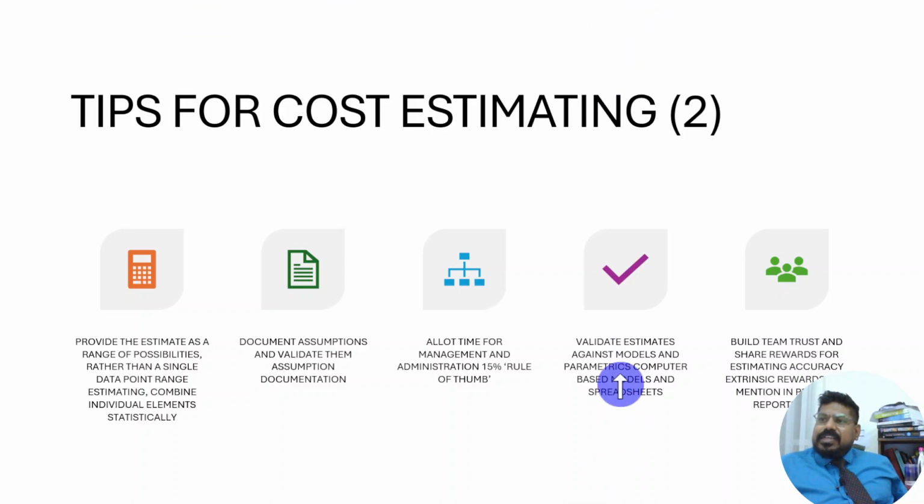Validate estimates against models and parametric computer-based models and spreadsheets. Build team trust and share rewards for estimating accurately, extrinsic rewards, and mention in project reports. Someone who has done a good job, please mention it correctly. So let's say here they have mentioned 15% rule of thumb.